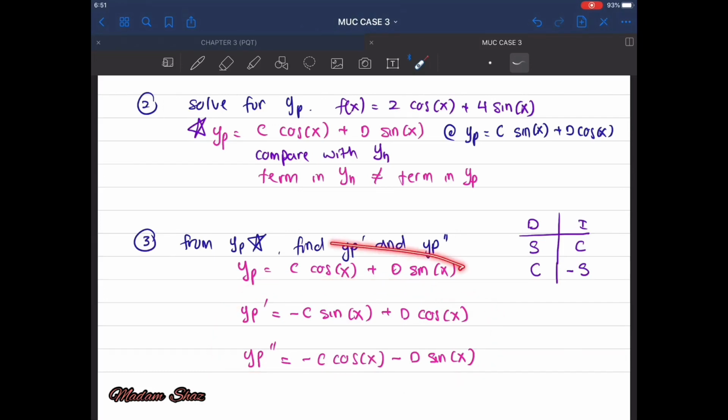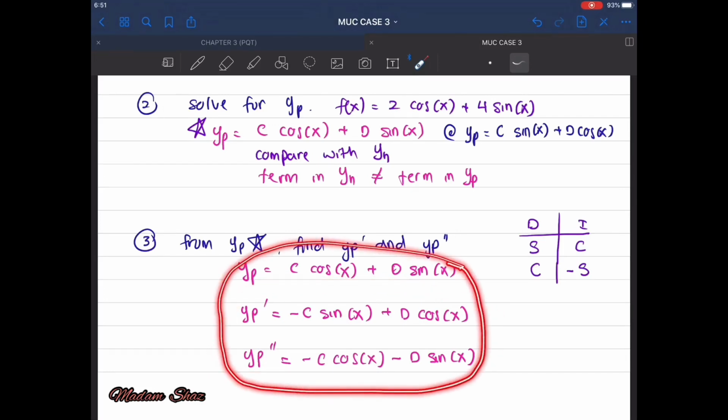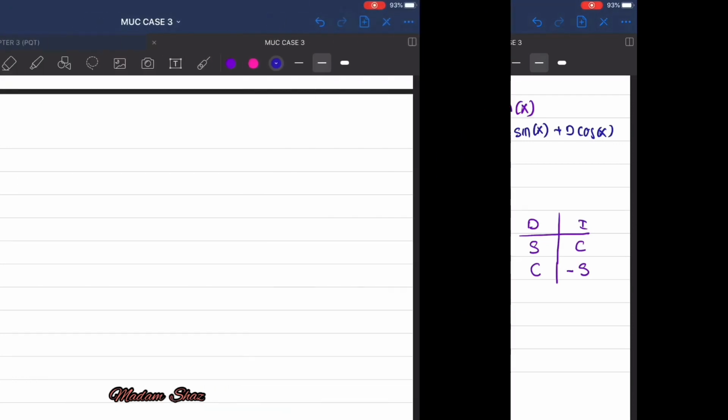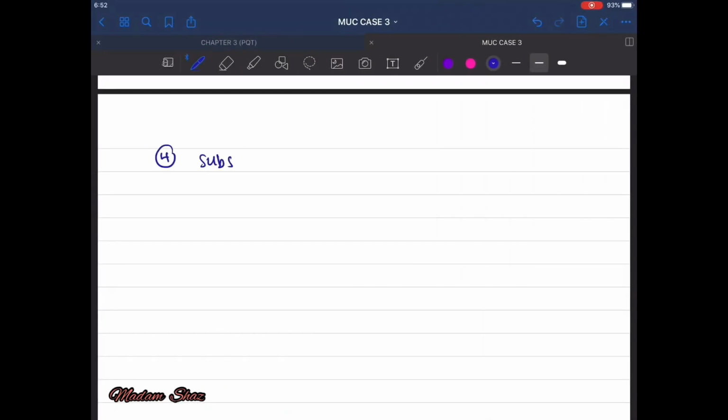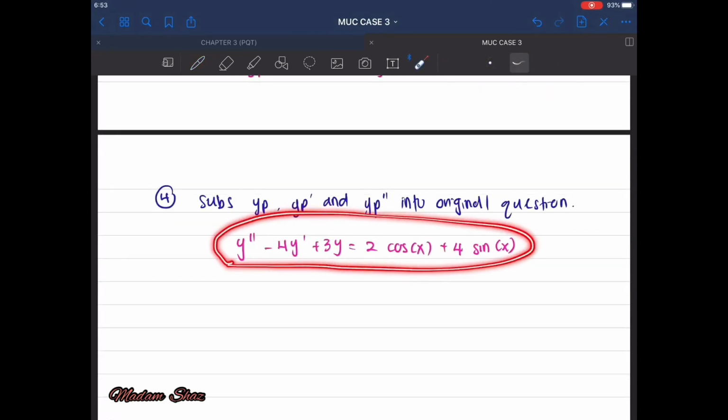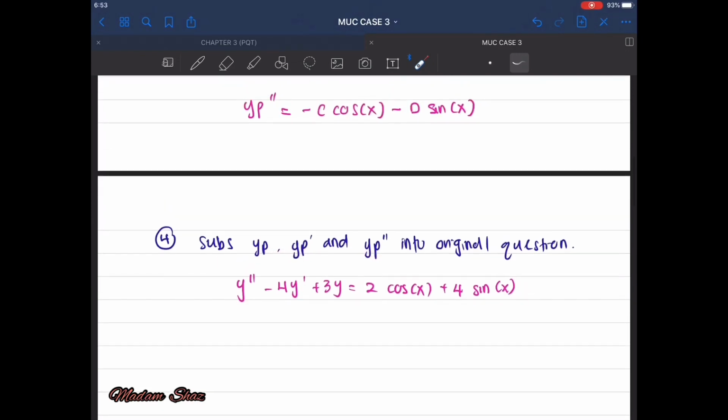Okay, now after you have obtained your YP prime and your YP double prime, the next step is you have to substitute the whole thing here, YP, YP prime and YP double prime, into the original question. So step number 4, substitute YP, YP prime and YP double prime into the original question. So this is our original question.